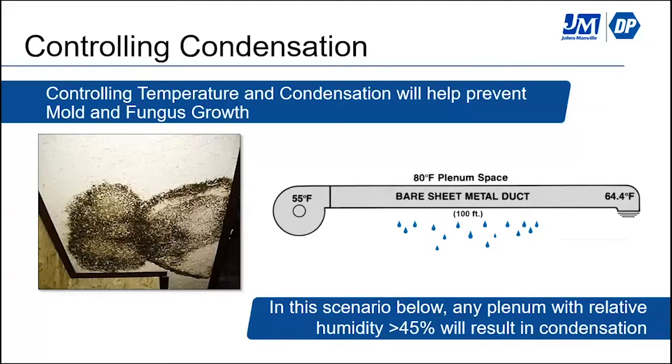And in that 80-degree plenum space, any plenum with relative humidity above 45% will pretty much result in condensation. So making sure you select an insulation with a proper vapor barrier is key to controlling your condensation, and making sure that duct system is sealed will also help you in this scenario.